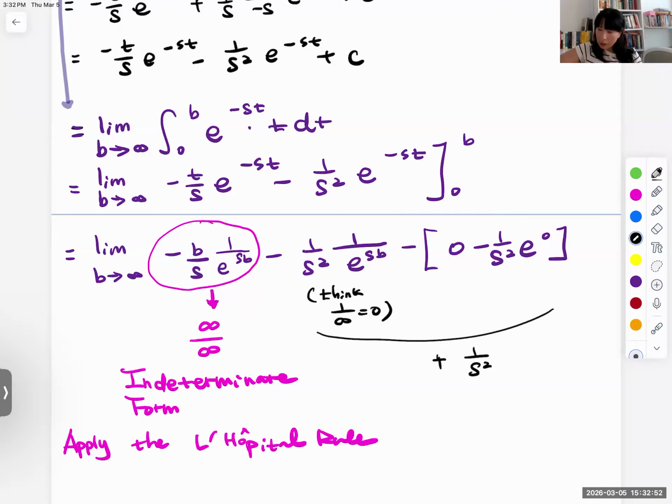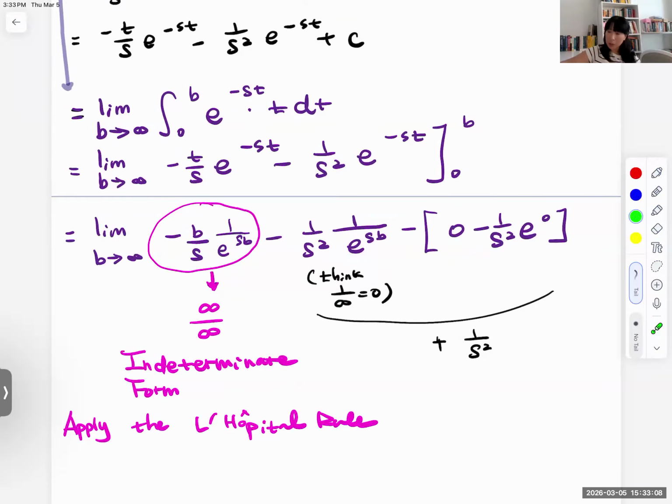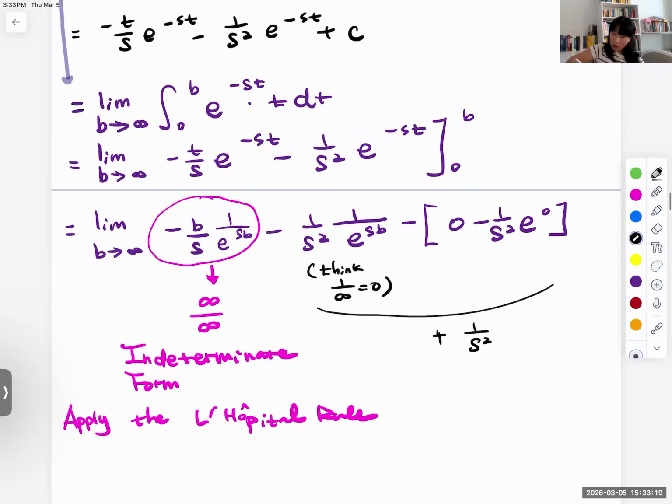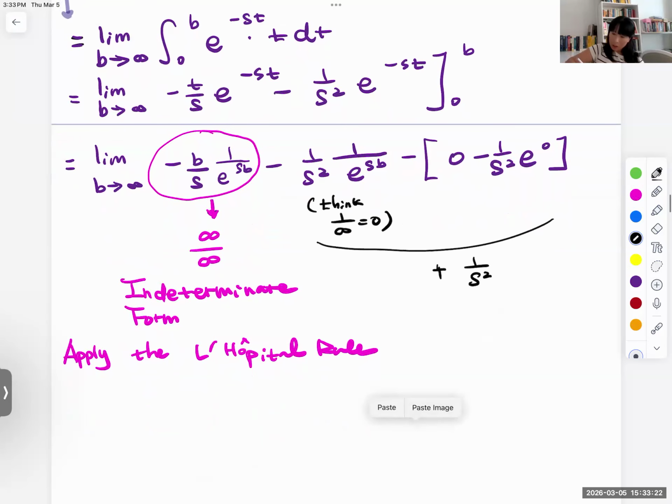Okay, then let's work on this one. We apply the L'Hopital rule for the first term. In order to use L'Hopital rule, we have to have a continuous function, so let me use the limit as x approaches positive infinity.